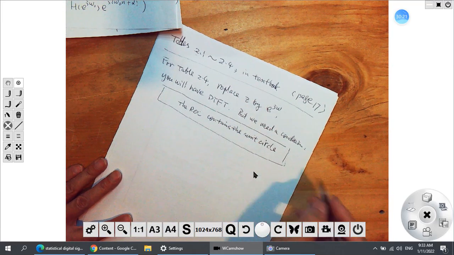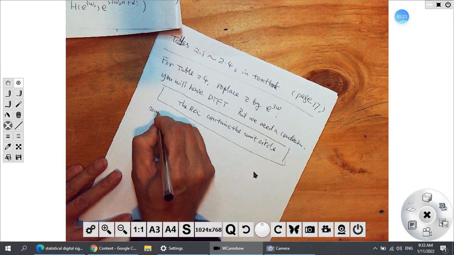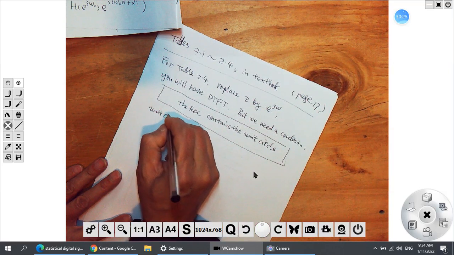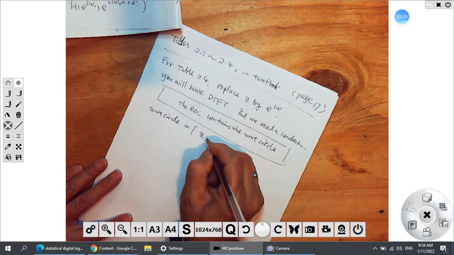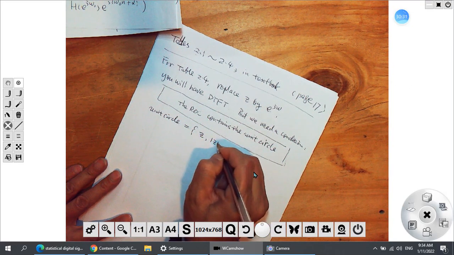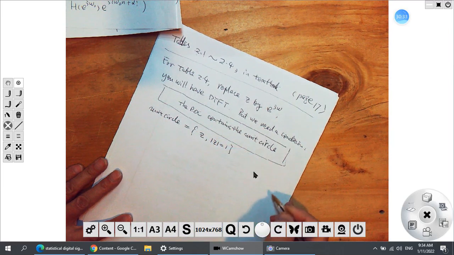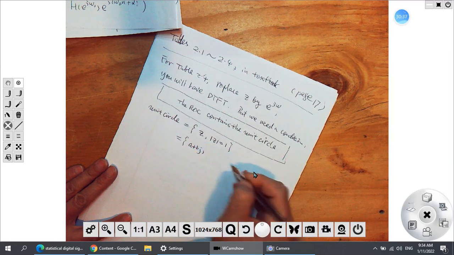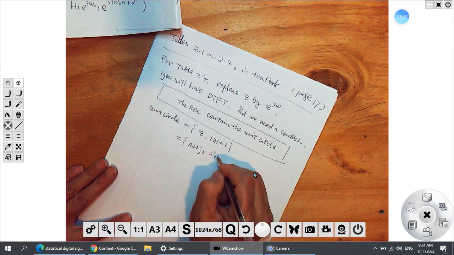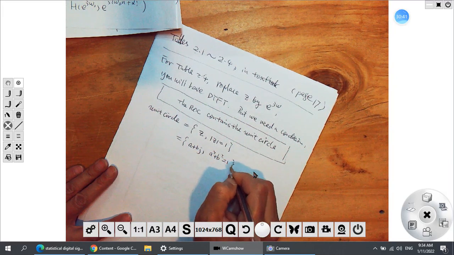What is the unit circle? Unit circle equals all of those z's with the magnitude of z equal to 1, or equal to a plus bj, with a squared plus b squared equal to 1. The same thing, right?